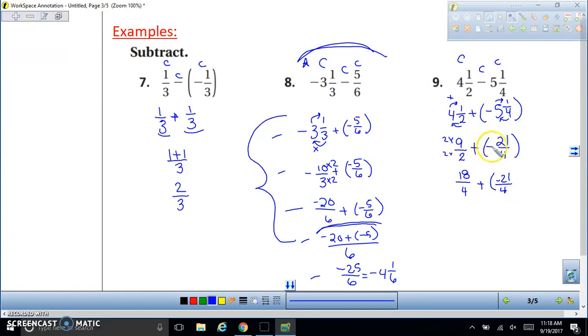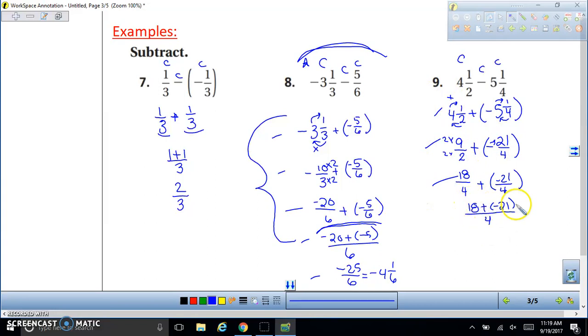All right, I tag my negative sign with my numerator, so this negative. All right, now I'm going to do 18 plus negative 21 all over 4. And here's the different part. These have stayed the same right here. This is the different part.